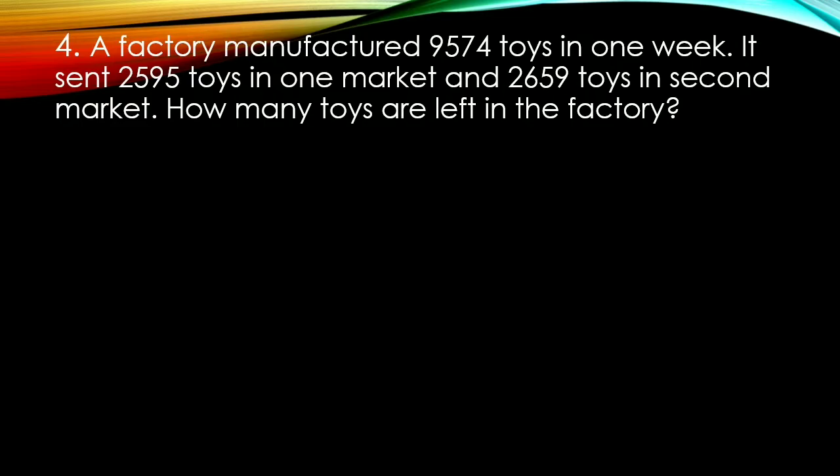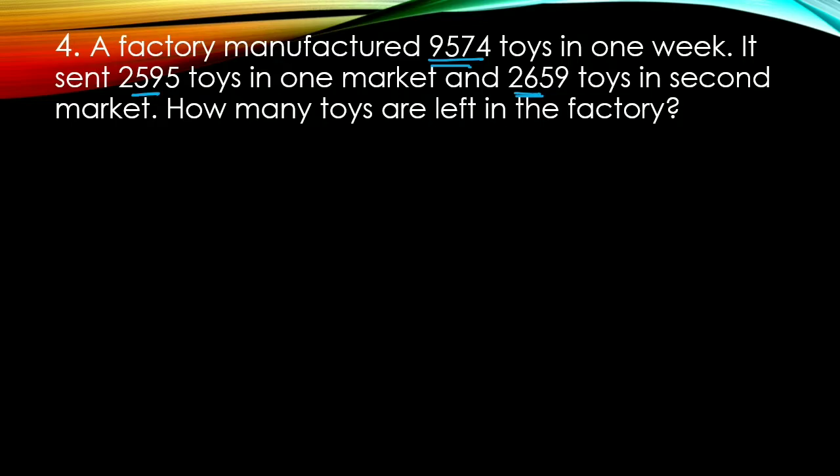Next question is, a factory manufactured 9574 toys in 1 week. It sent 2595 toys in one market, 2659 toys in the second market. How many toys are left in the factory? So the total number of toys produced is given to us, that is 9574, and the toys sent in the first market and the second market are also given.